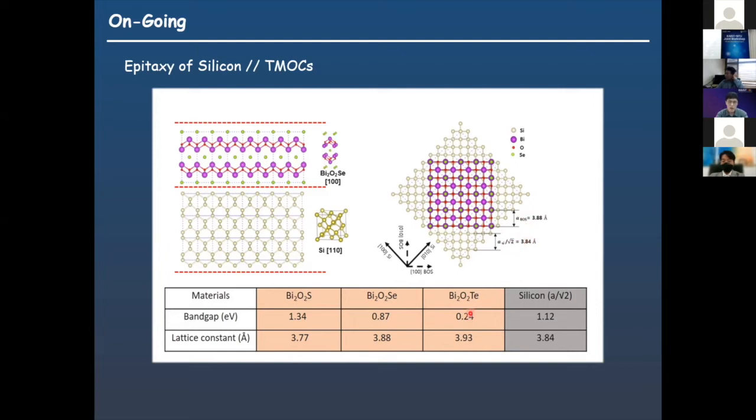Plus, we can also control band gap, and this TMOC material system can potentially be epitaxially grown on the silicon.